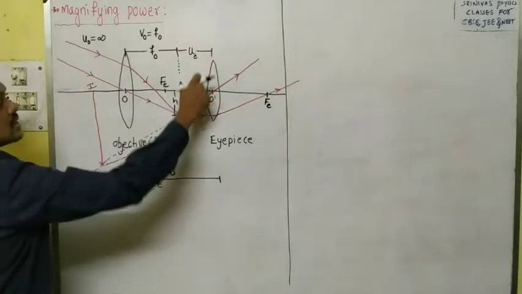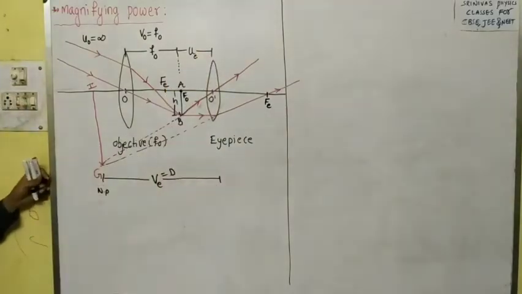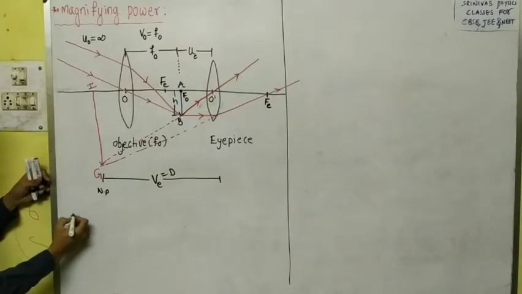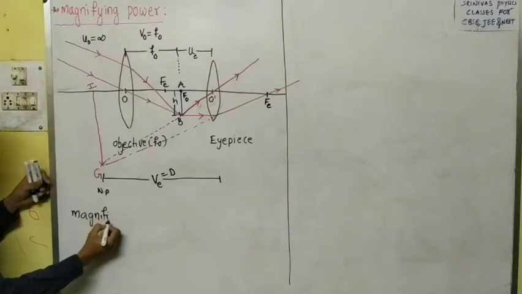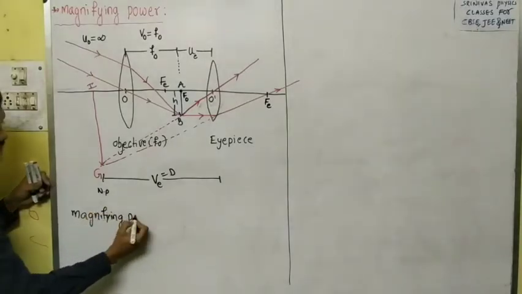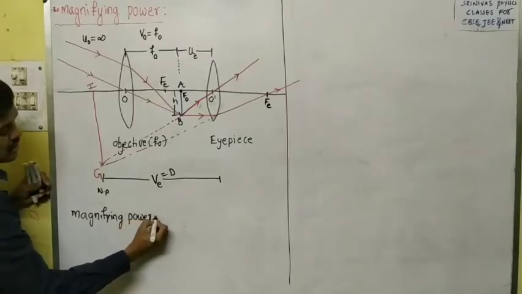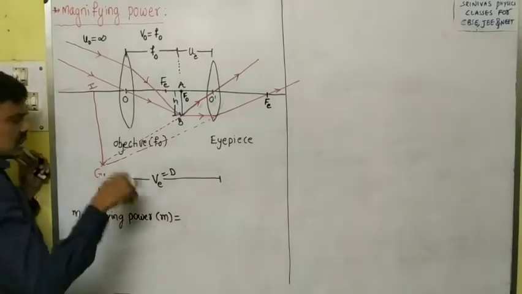For the eyepiece, object distance is U E and image distance is V E. And now we know the magnification formula, right? What is the formula for the magnifying power? There is one formula that we discussed previously, right? That is different.